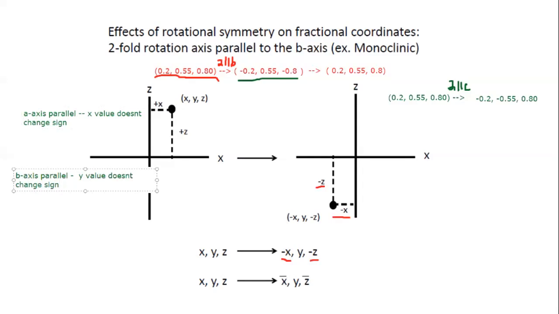If you're parallel to any of these axes, those values do not change sign. If you're parallel to the c axis, the z value does not change sign. So anytime you have a rotational axis, whatever axis it's parallel to, that particular fractional coordinate will not change. It will stay the same value as you do all your symmetry operations. Give you just a moment to look over that.